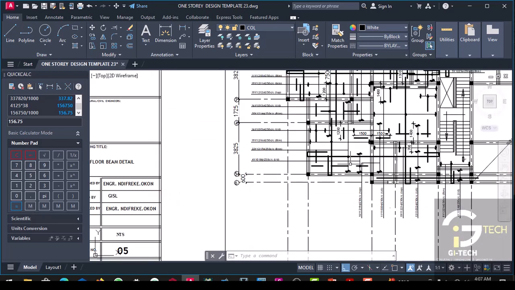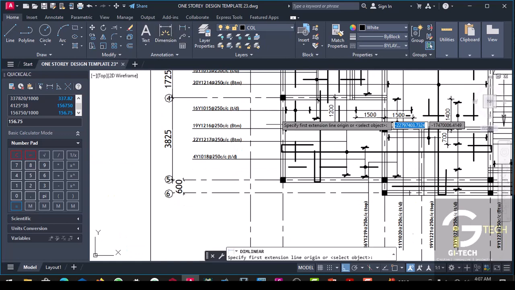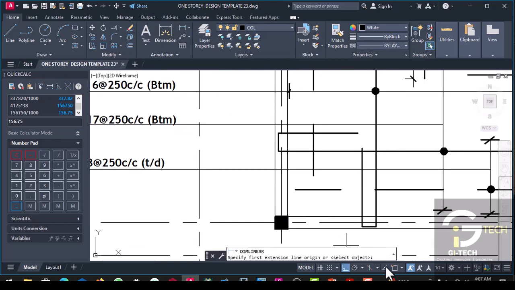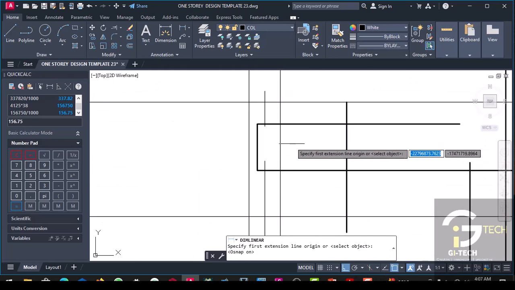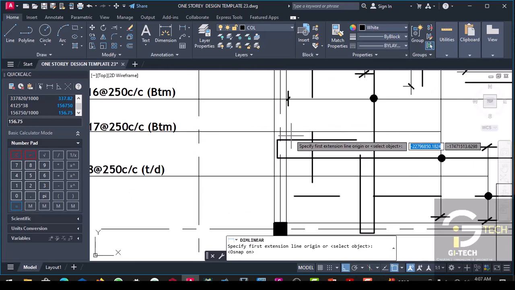So let's calculate the remaining length of that distribution bar.